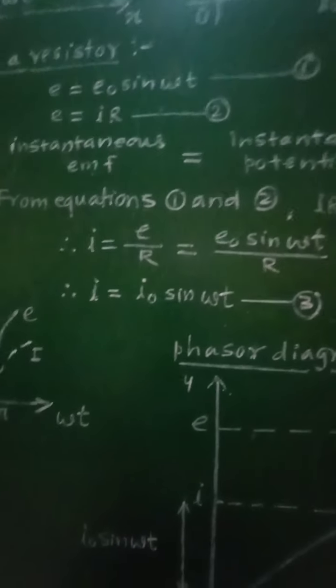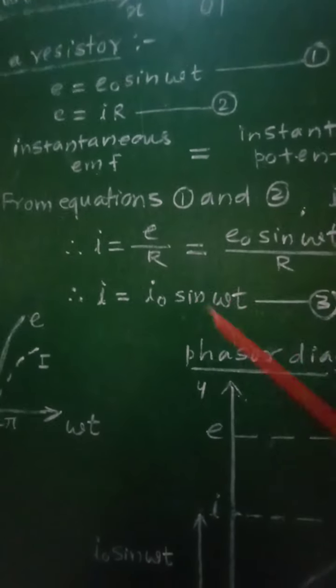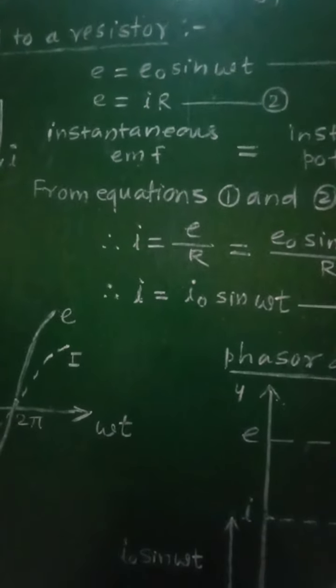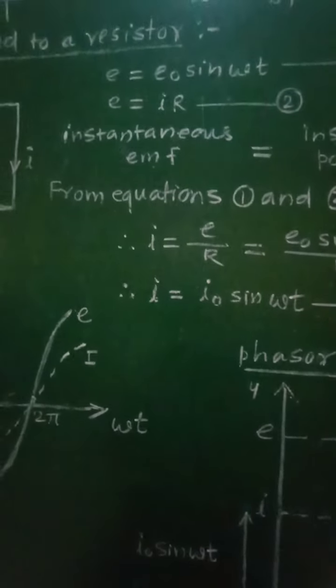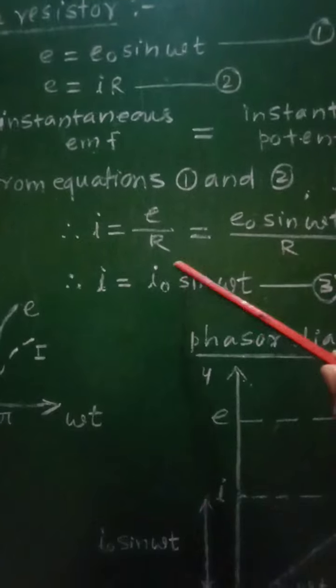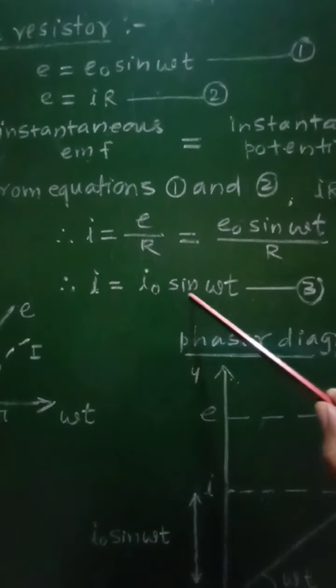If you compare equation 1 and equation 3, the first equation is E is equal to E0 sin omega t for instantaneous EMF, and the third equation is for instantaneous current, equal to I0 sin omega t.